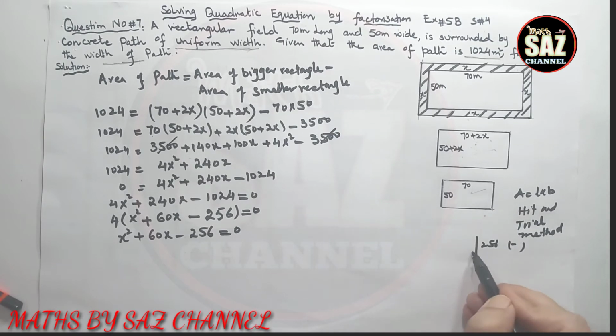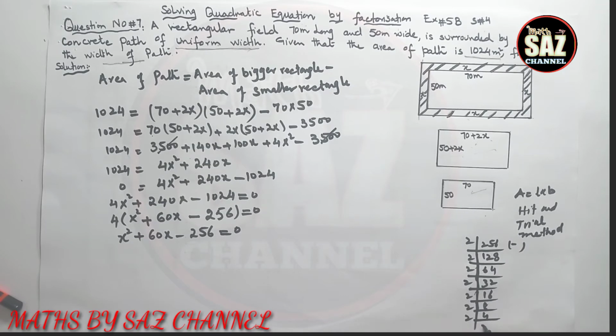I have to make the prime factors of this 256: 2 1s are 2, 2 2s are 4, 2 4s are 8, 2 8s are 16, 2 16s are 32, and so on. 2 how many times? How many times am I getting this 2? 1 2 3 4 5 6 7 and 8. 2 8 times.